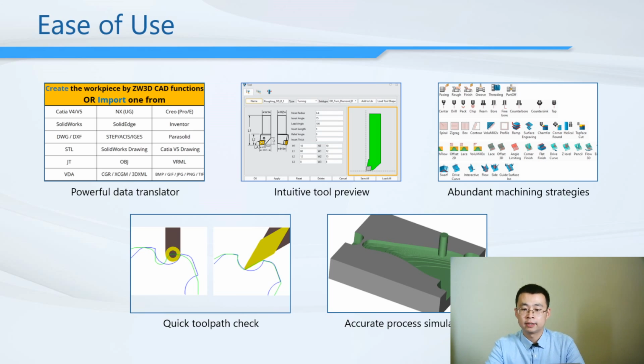And ZW3D has an intuitive tool preview to help you ease the job to create your tools and avoid making mistakes. And ZW3D has abundant operations. You will never have difficulty to find the options that you want. And in ZW3D, we provide 3 ways to simulate the CAM procedure.